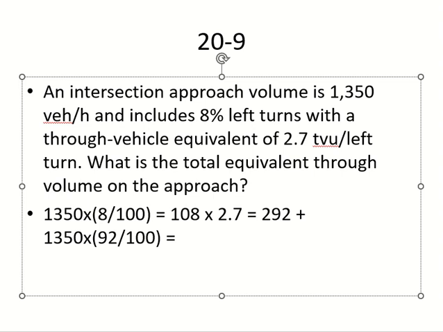Because 8% was left turning, so the remaining is 92%. How much is this? 1242, so 1534.